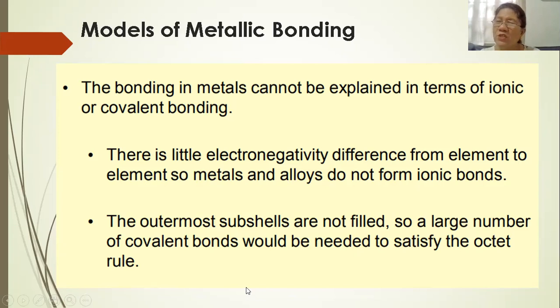Once a metal combines with another metal, it does not need the octet rule. Can you still remember the octet rule? Meaning, when sodium reacts with chlorine, it gives off one electron to chlorine because chlorine needs to be 8. But in metallic bonding, that is no longer present. There is no sharing and no transfer of electrons.